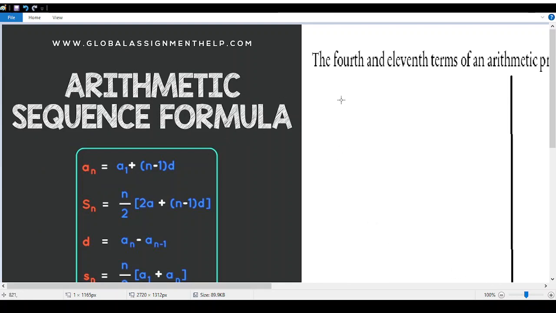Okay, so we have here, they said the fourth term and 11th term of an arithmetic progression. The fourth term, Tn, sorry, fourth term is equal to 19, and the 11th term is equal to 54.